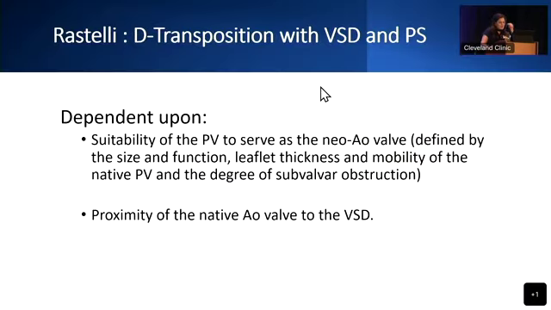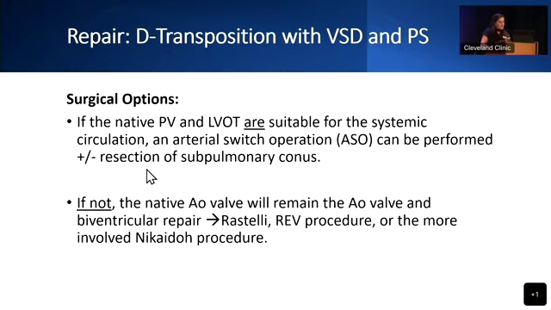So as Meryl nicely outlined too, the ability to perform a Rastelli procedure is largely dependent on the suitability of the pulmonary valve to serve as a neo-aortic valve, and the leaflet thickness, mobility of the native valve, the degree of subvalvular obstruction really is important, as well as the proximity of the native aortic valve to that VSD pathway.